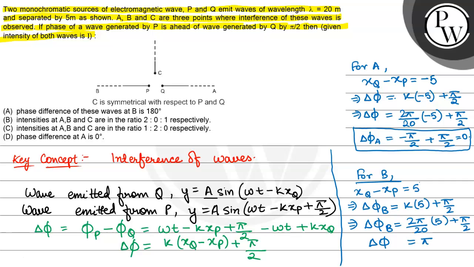So delta phi for B is pi. Similarly, for point C, xp minus xq is equal to 0. Therefore, delta phi for point C will be equal to k into 0 plus pi by 2, that is delta phi for C will be pi by 2.